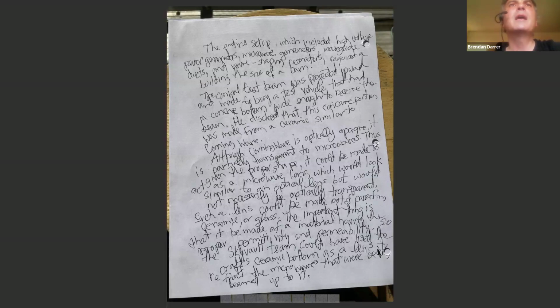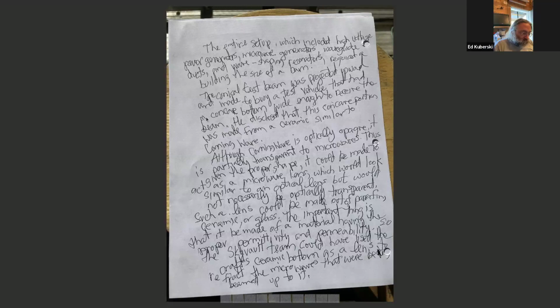The conical test beam was projected upward and made to buoy a test vehicle.